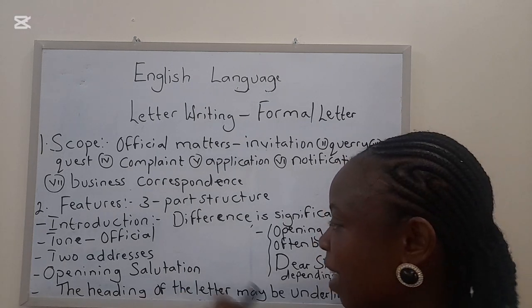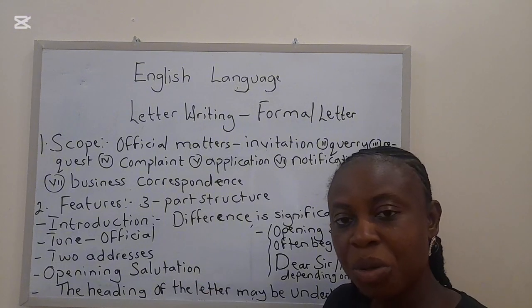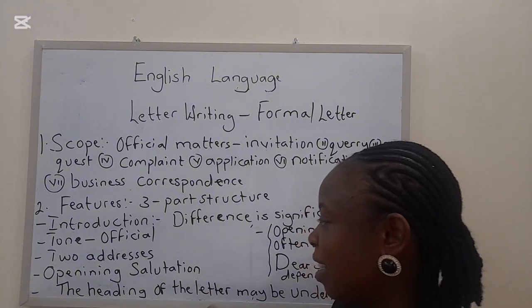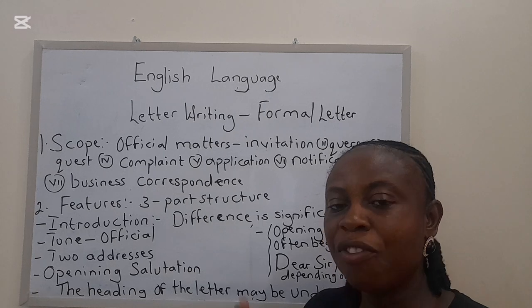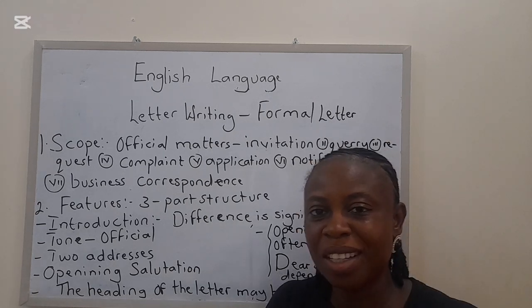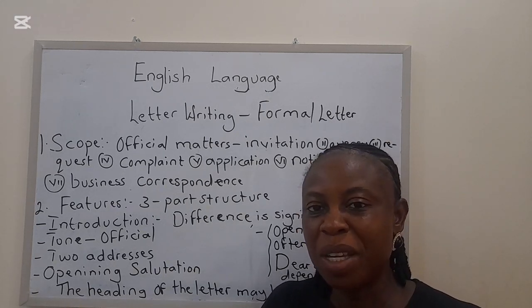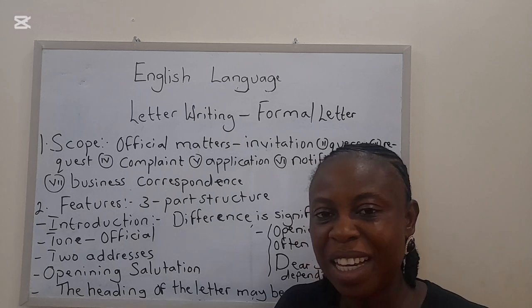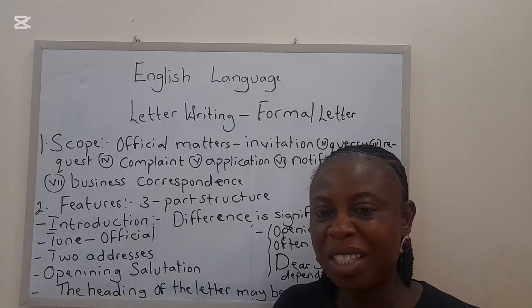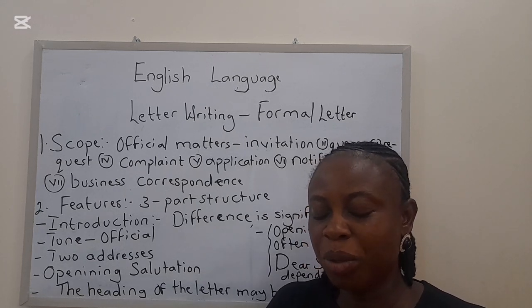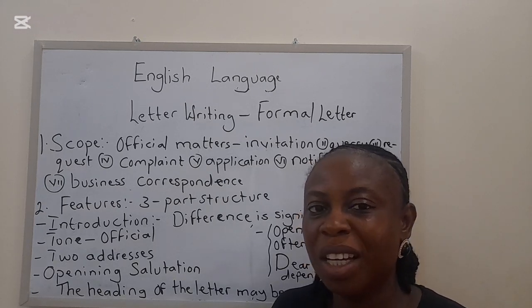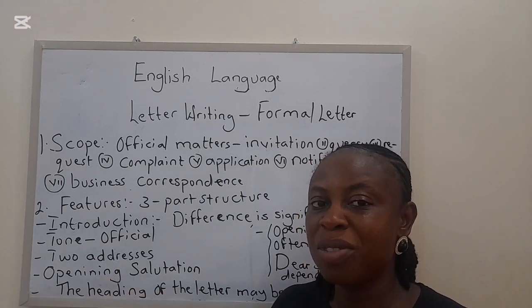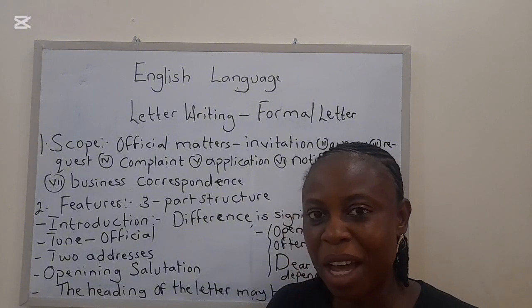The next under introductory part of a formal letter is the heading of the letter. A formal letter must project a heading. It makes a statement about what to expect in the letter. It gives us a foresight into, okay, this is what this candidate is going to write about. And we have various forms depending on the question asked.